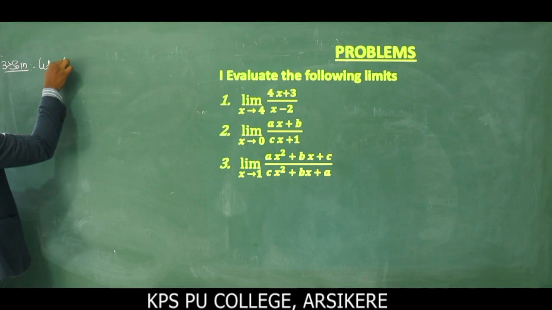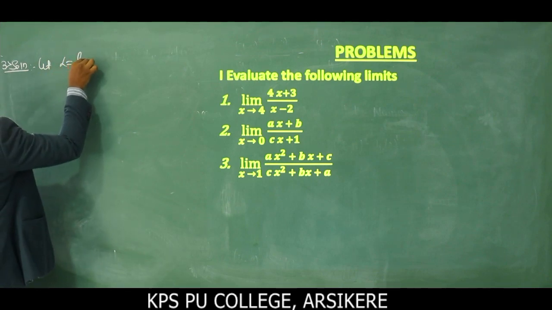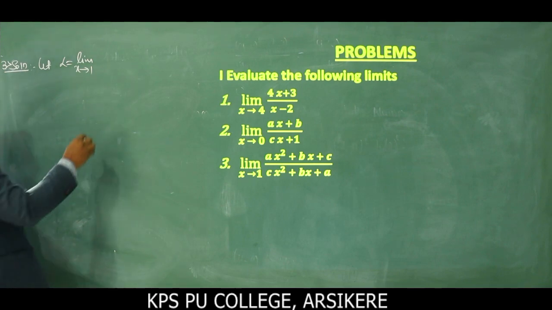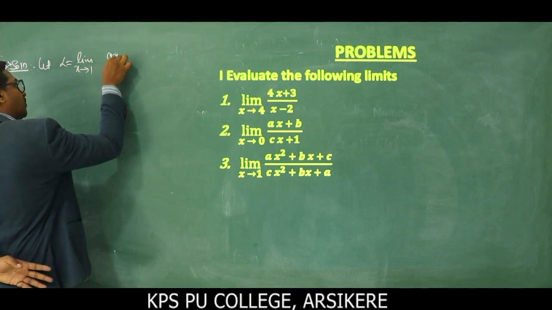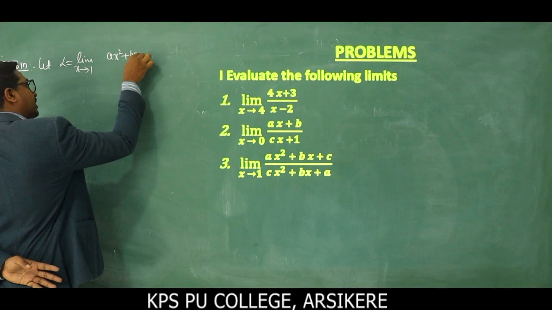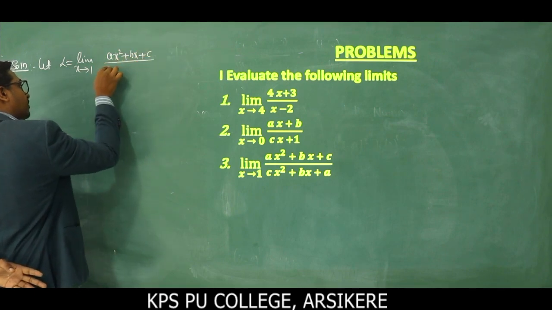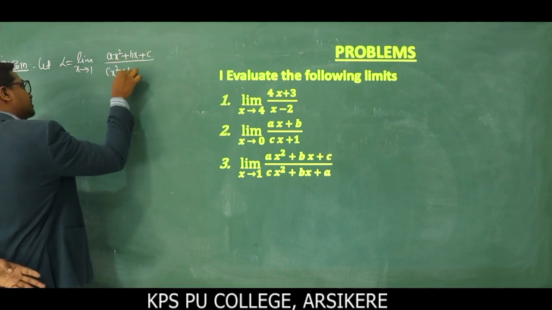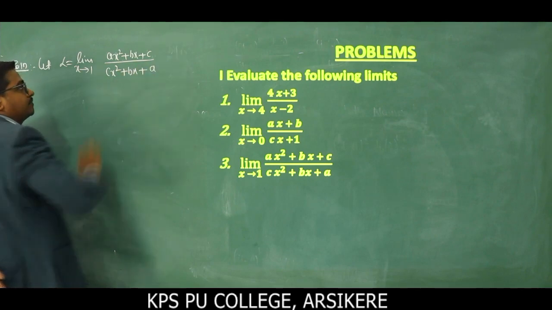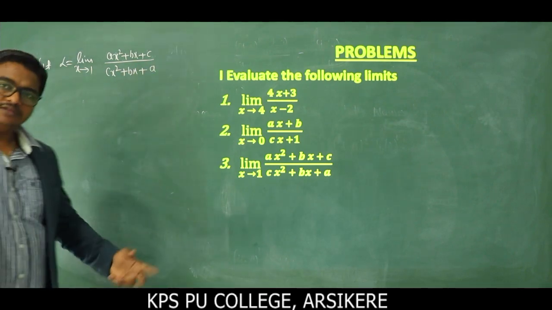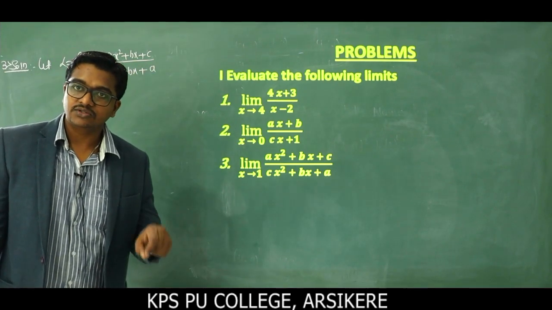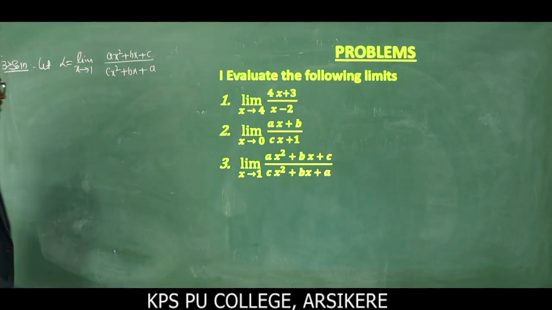Let us take the limit as L is equal to limit as x approaches to what is given, 1, of (ax square plus bx plus c) divided by (cx square plus bx plus a). Here also directly we can apply the limit as x approaches 1. Replace x is equal to 1.